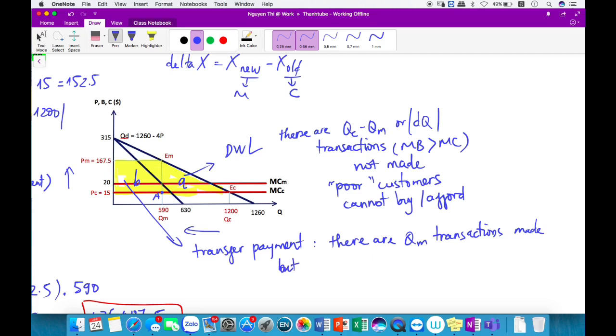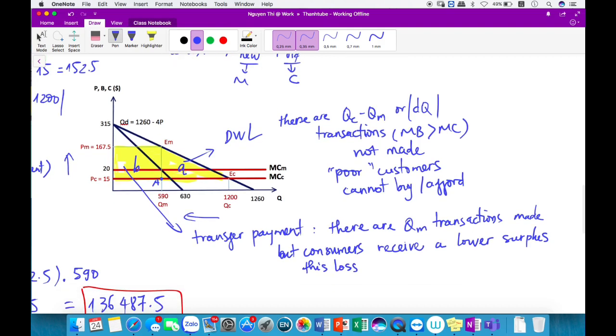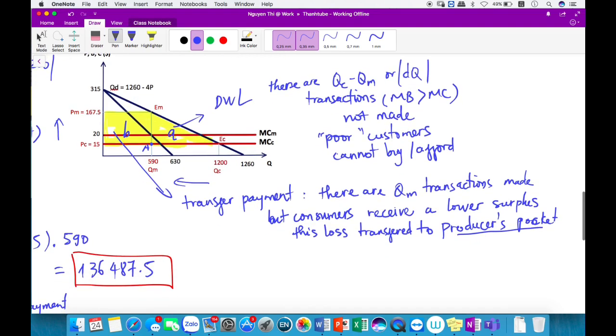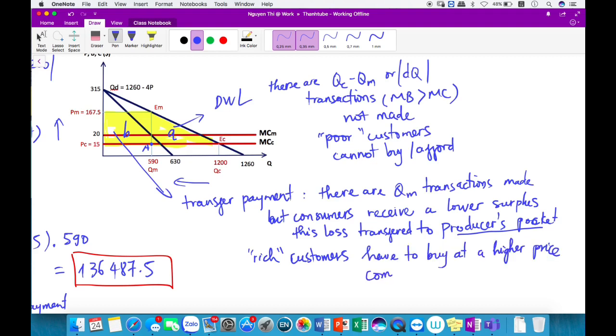but consumers receive a lower surplus. So actually this loss is transferred to the producer's pocket, and that becomes abnormal profit for the monopoly, all right? In other words, customers have to buy at a higher price compared to under competition.